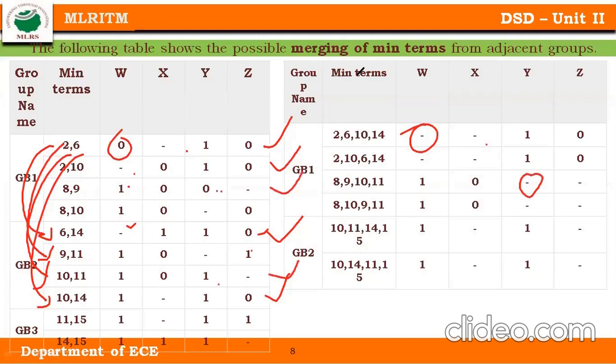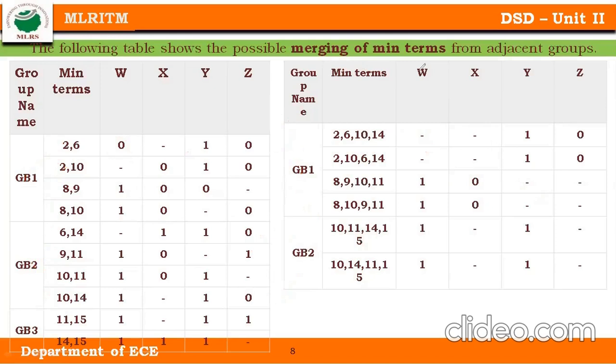Similarly you have to proceed, so that we get the second table. Again now I need to start comparing group 1 to group 2.